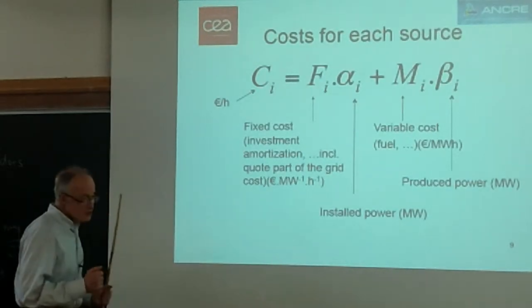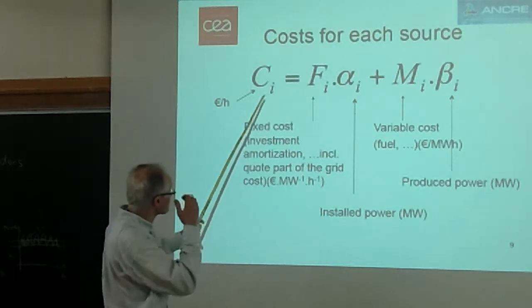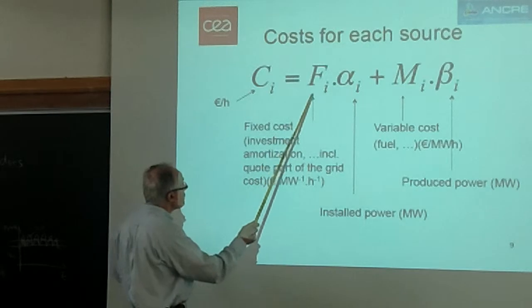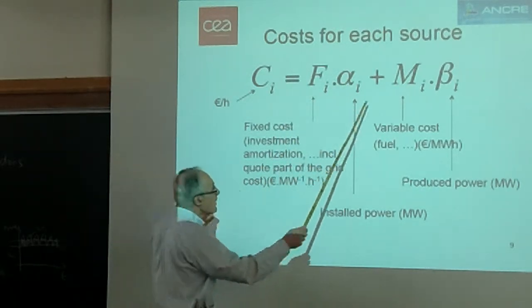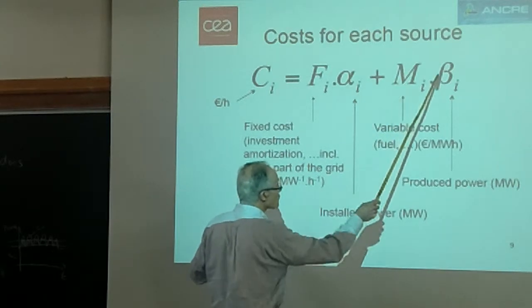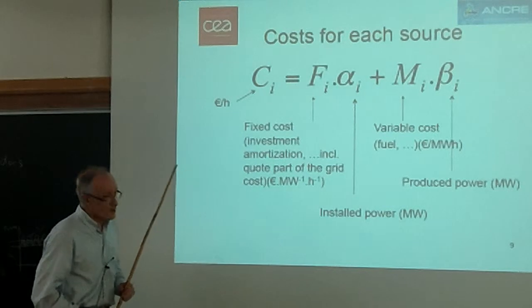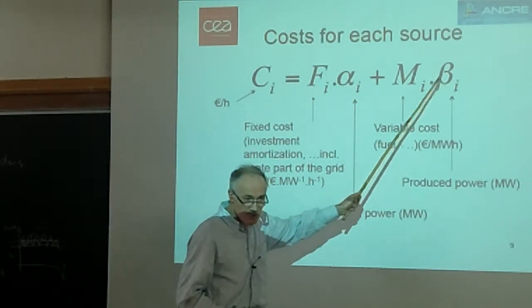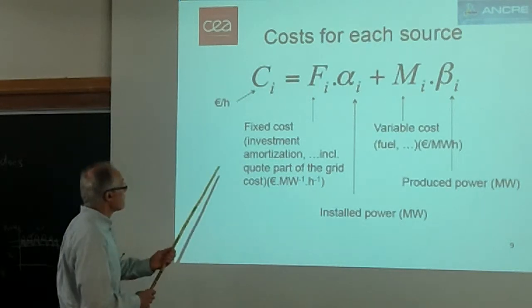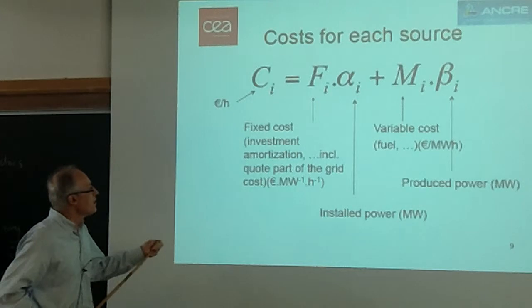MixOptim, in order to calculate cost, needs input data, and we split the cost for each source into a fixed component, which is proportional to the installed power, and a variable component, which is proportional to the produced power at time t. So this cost depends on time, because beta depends on time. In the fixed cost, you have, for instance, the amortization of the investment.